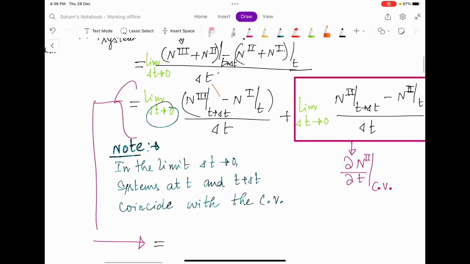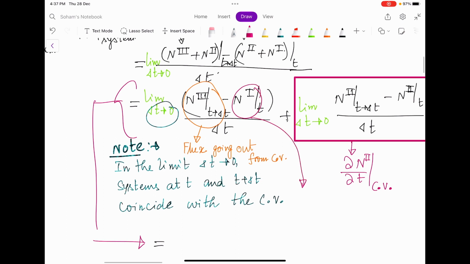So I've spoken about this part: this is flux going out from CV, and this part is flux going in to CV.